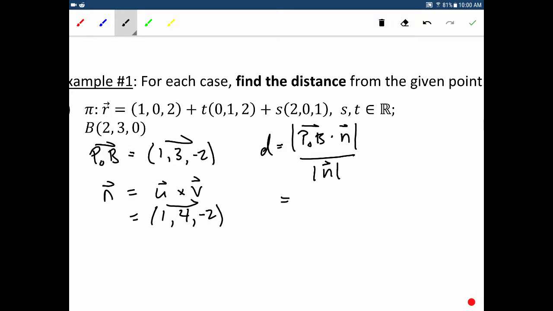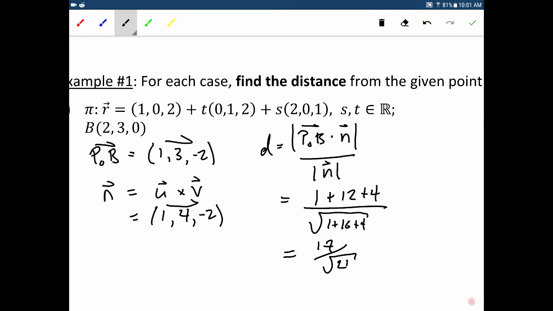So now I'm going to take the dot product, and then I'm going to divide by the square root of 1 plus 16 plus 4. And so I get 17 over root 21. And there we go.